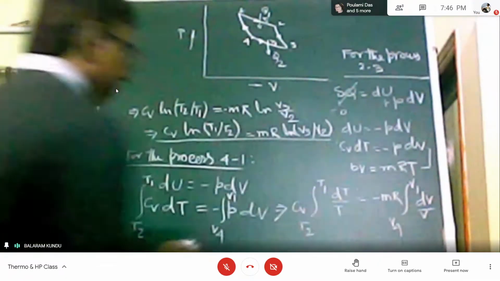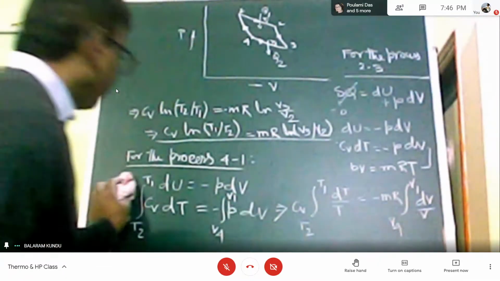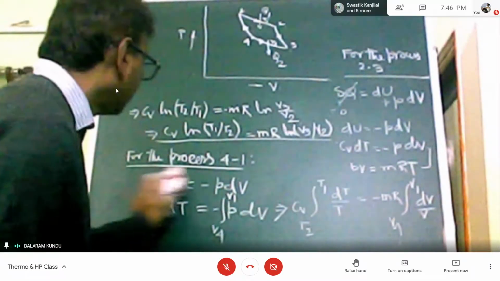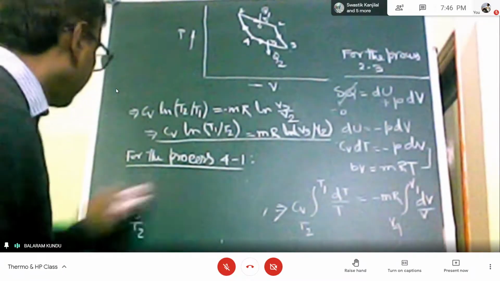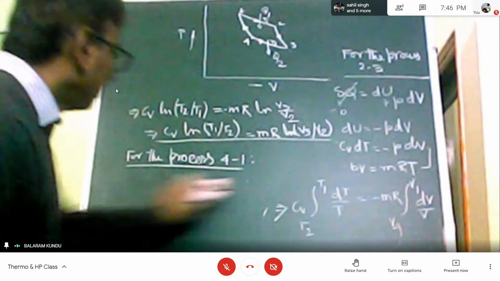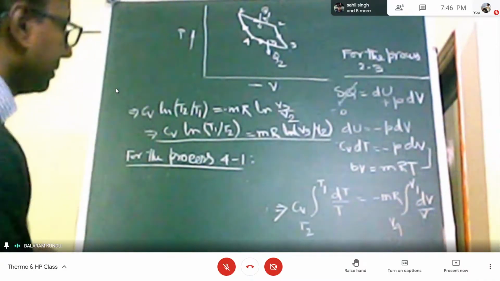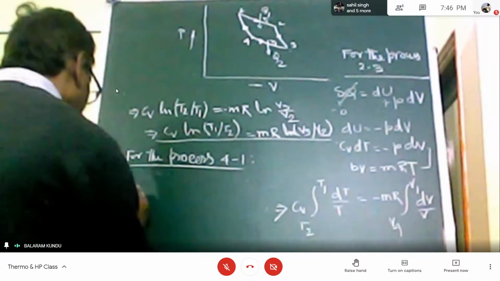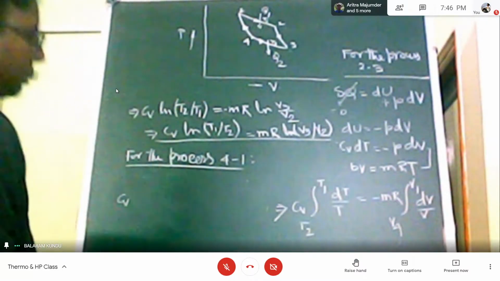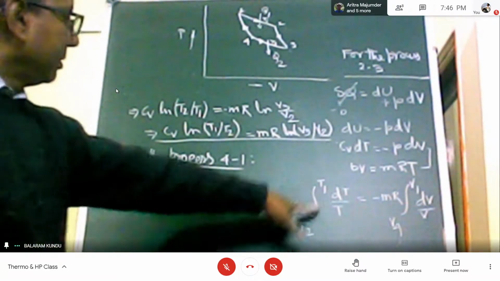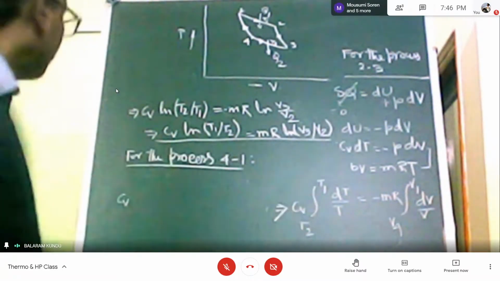And finally here, for the process 4-2-1, we have obtained this mathematical expression, that is Cv ln T1 by T2. So no problem.